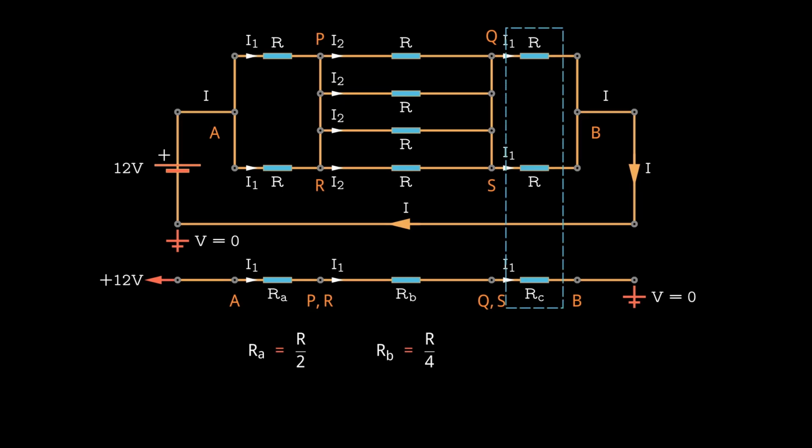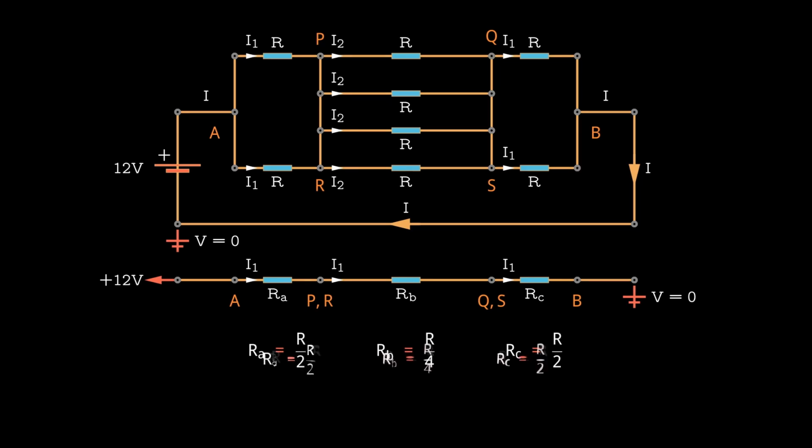In the third section, just like in the first section, there are two resistors connected in parallel. Therefore, the equivalent resistance of this section is also half of the resistance of a single resistor, meaning it's R divided by 2. These three resistors are connected in series, so to find the equivalent resistance, we simply add the resistance values of all three resistors together. This results in an equivalent resistance of 5 times the value of a single resistor, divided by 4.